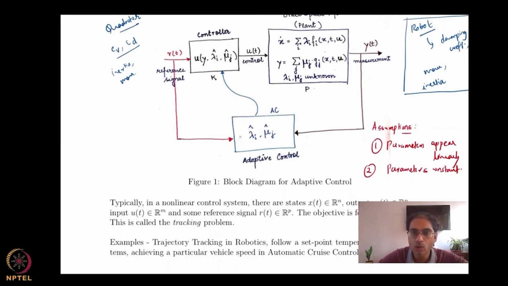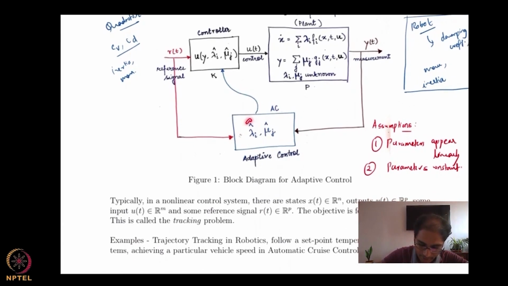We denote all estimated parameters using these hats. These quantities with hats on them denote the estimates of the true parameters. These estimates are in turn fed into our original controller, and the controller uses not just the outputs, the measurements, but also the lambda hats and mu j hats, that is, the estimates of the true parameter values.